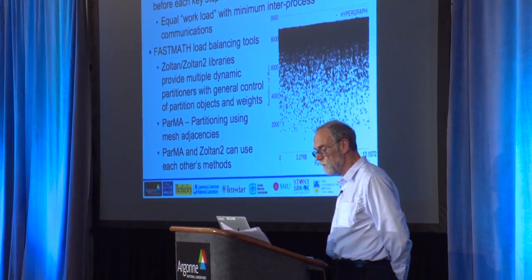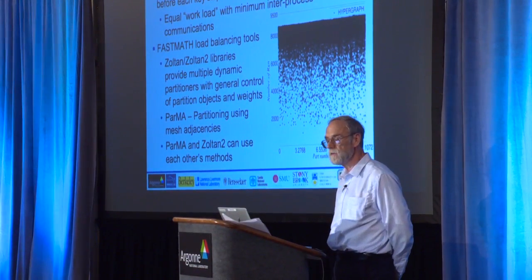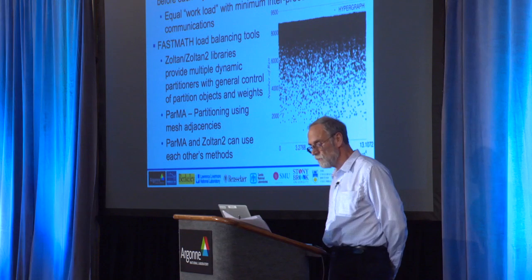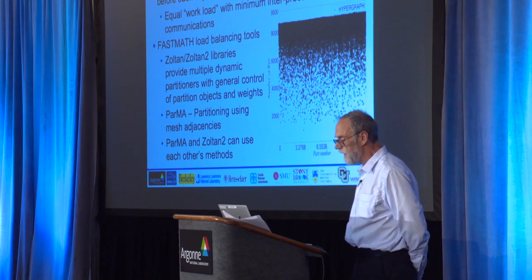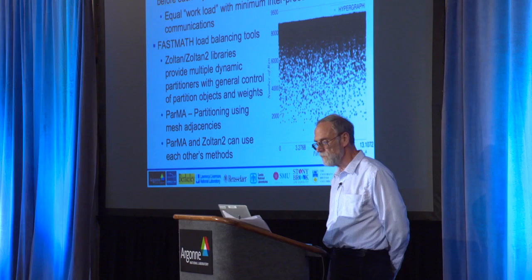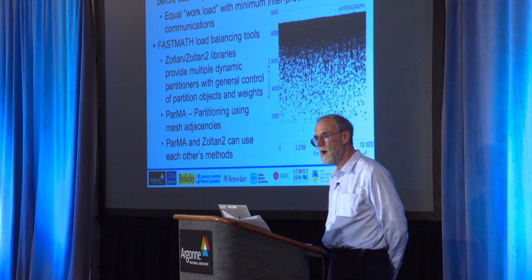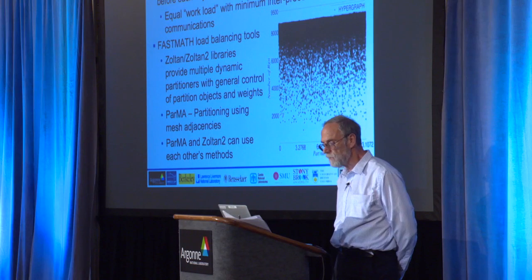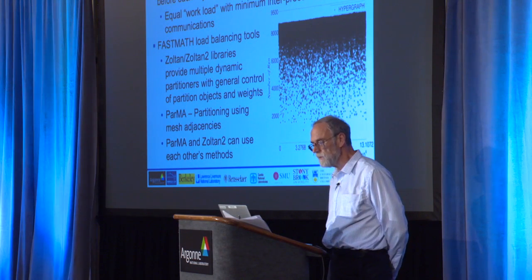The primary tool is the Zoltan libraries, which is their Zoltan and Zoltan 2 libraries, which provide multiple dynamic partitioning algorithms and general control of partitions, objects, and weights, including architecture-aware capabilities, and an additional tool, ParMA, which is used to improve the partitions, directly accounting for mesh adjacencies for being able to satisfy the needs of specific applications. And I'll comment on that as we go along.